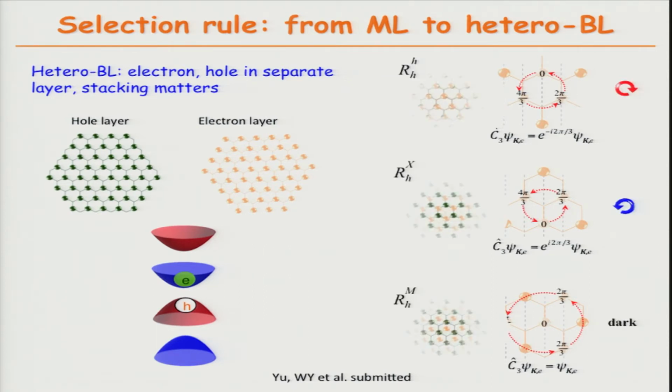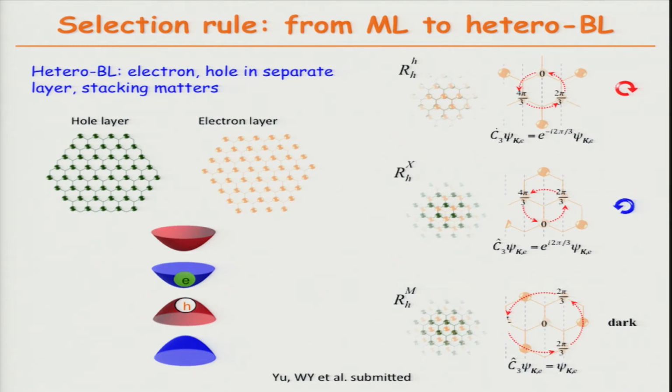So for example, in this stacking order, if you look at that C3 eigenvalue, it would lead to the conclusion that the electron-hole pair, when they annihilate, emit right-handed polarized light. But if you stack the electron and hole lattices differently, the same electron-hole pair with the same valley configuration would lead to a photon of opposite helicity.